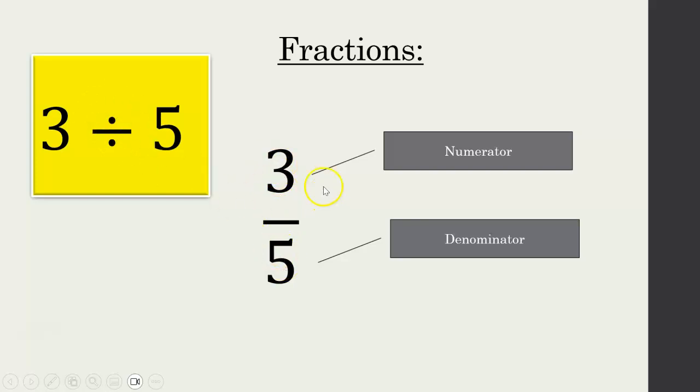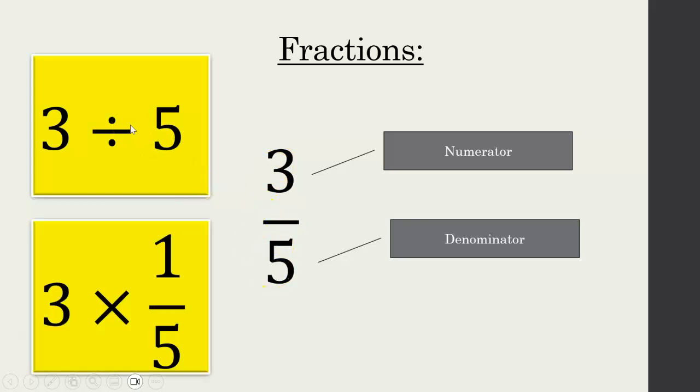So it's just shorthand for 3 divided by 5, or just 3 over 5, a fraction. It's also the same thing as 3 multiplied by 1 over 5, or 1/5. All these 3 things are exactly the same.